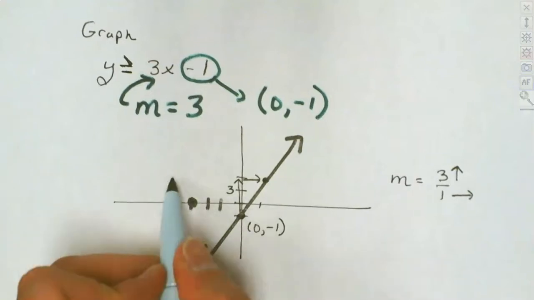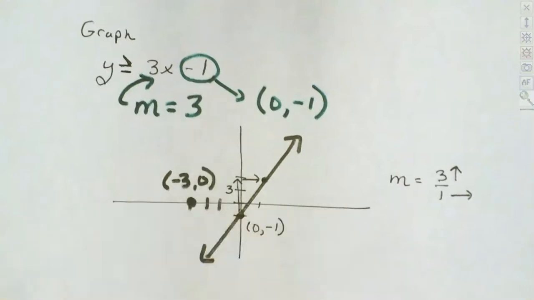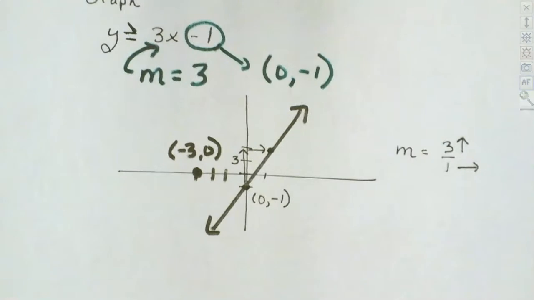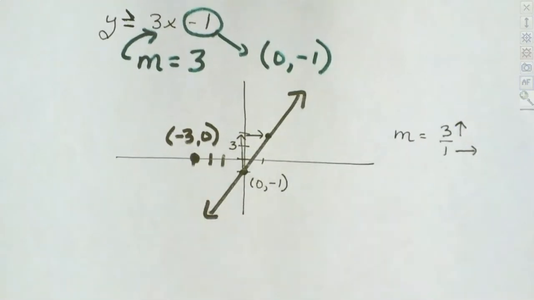So let's say I pick -3, 0. And that's right back here. You can use any point that you want. You can use 0, 0. You can use 4, 4. As long as it's not on that line, you can use it. But try and make it as easy as possible.